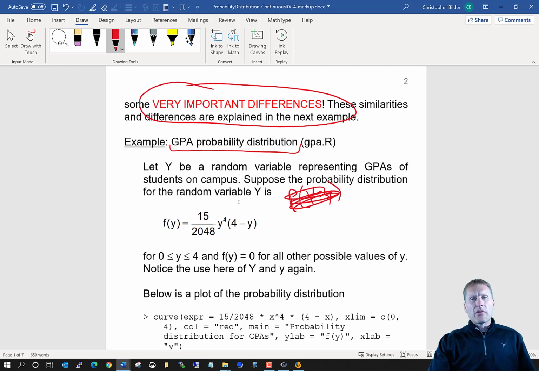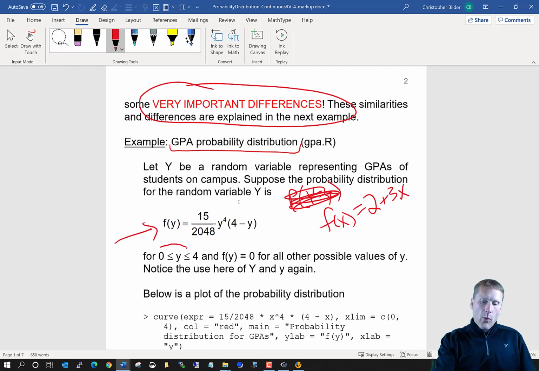Instead, we write things in terms of a mathematical function. In an algebra class, you've learned that you have a function of x, or f of x is equal to maybe 2 plus 3 times x. Well, that's essentially what I've represented here as the probability distribution for y. f of y is equal to 15 divided by 2048 times y to the fourth power times 4 minus y.